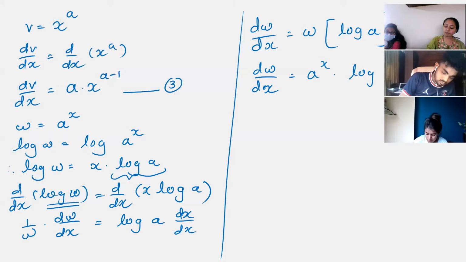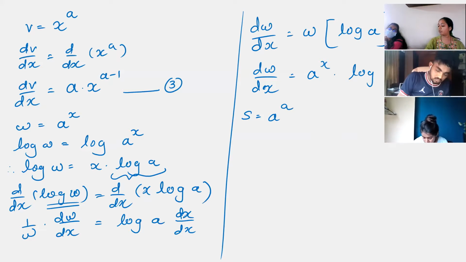This is the fifth also. S is equal to a to the power a. That means a constant to the power of a constant. It's like 2 square, 4. What about the differentiation of 4? 0. Right? The differentiation of a constant is 0 because a constant to the power of a constant is a constant.